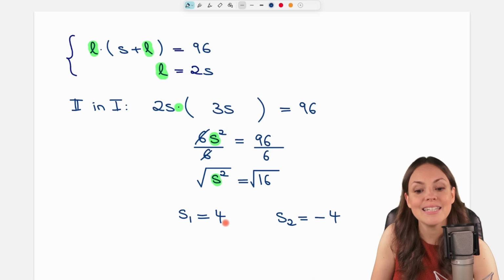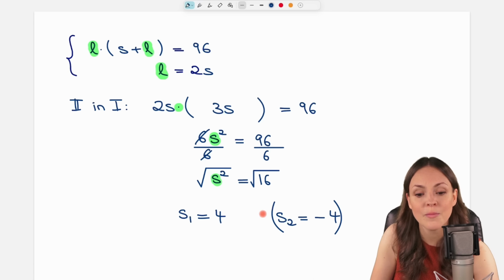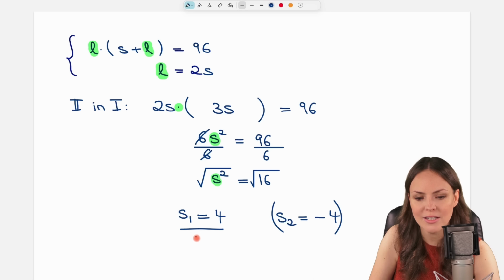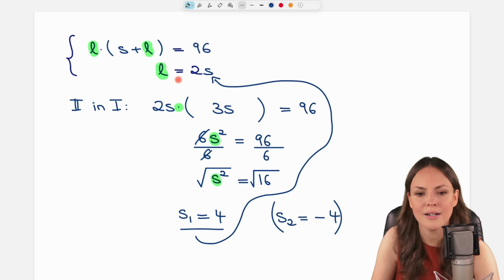S was the length of our short side of our rectangle. A negative length doesn't make any sense, so we write this in parentheses. We're not going to use this. But we found the length of our short side. It is 4 centimeters.